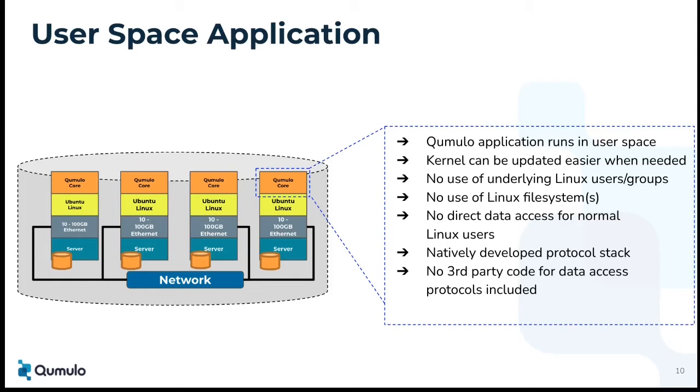Even the root user couldn't see the file system itself, right? We don't use any underlying Linux file system functionality. So that means a local user who even has access to the system cannot directly see the file system.